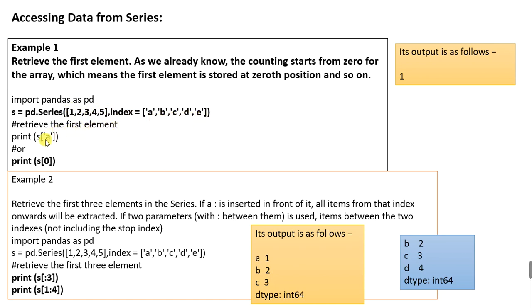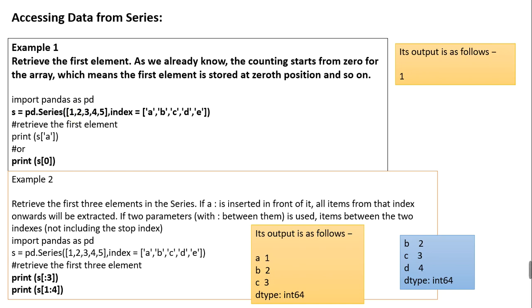If I want to retrieve the first element, I may give the command like this: print s of 'a'. So 'a' is written in single quotes, so it will take the index a and return the value stored at index a. Now index a is for the first value, that is 1, so the output will be 1. Or in place of this, you may write the statement like this: print s of 0. So you may use the specified index, or you may use the index values which are already there.